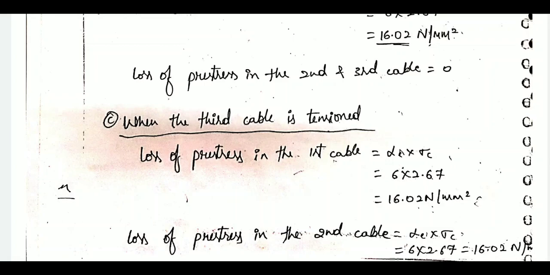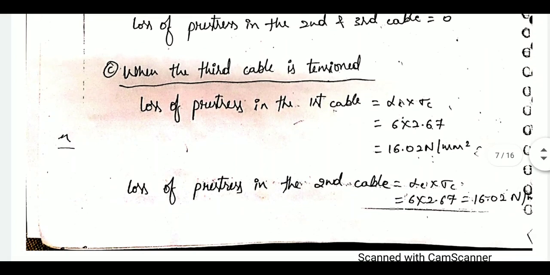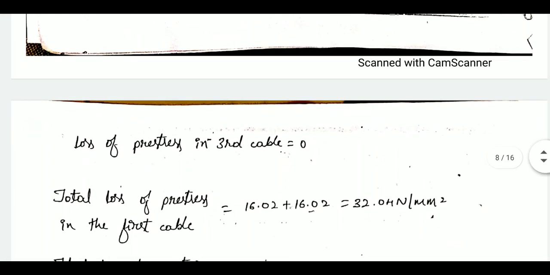The loss of stress will occur twice in the first cable and once in the second cable. The same formula applies: modular ratio into the stress in concrete at the level of steel, that is sigma c. You need to find it for both the first and second cables. Then you are pulling the third cable, so in that case it is 0.